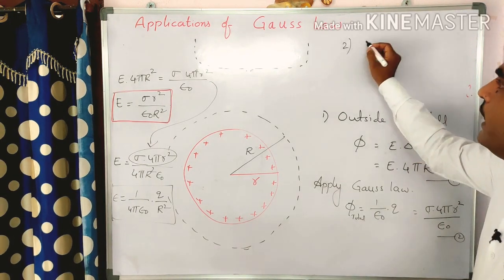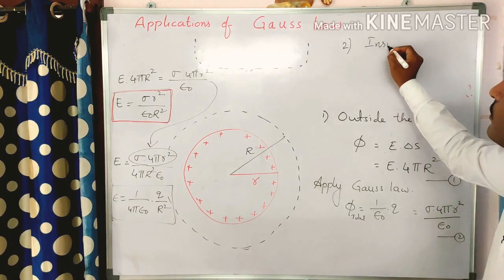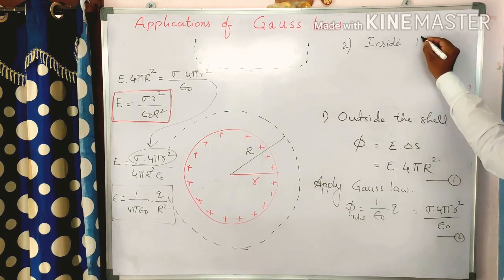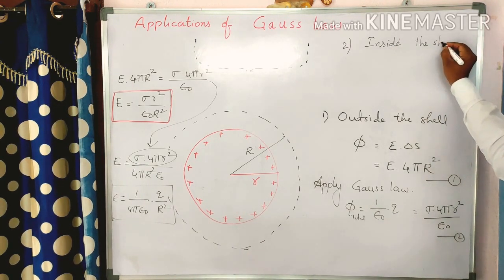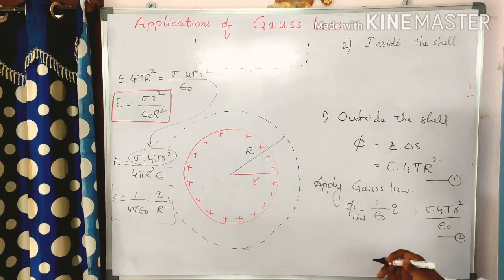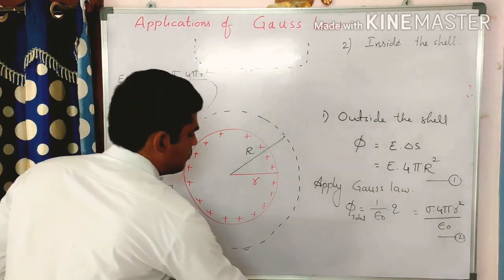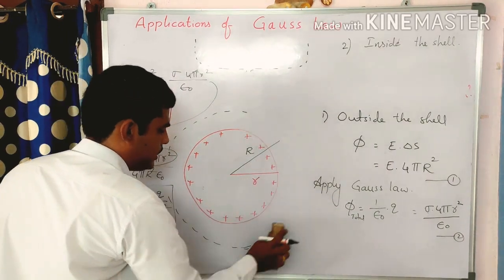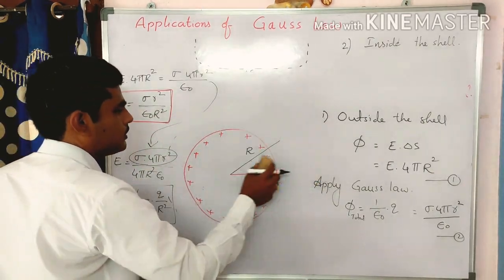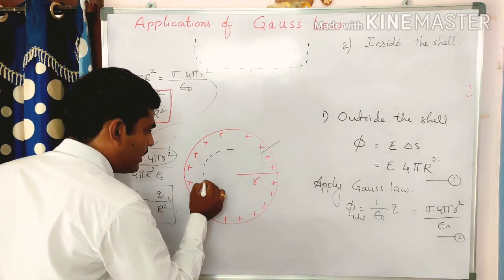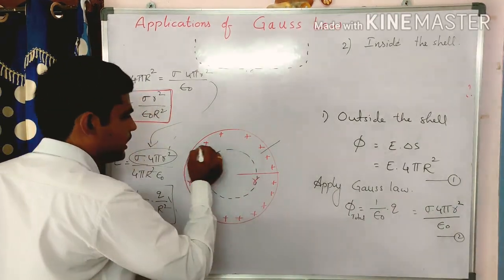Second one, inside the shell. Now predict what is the electric field inside the shell. Outside the shell is completed. Now I will take a Gaussian surface inside the shell.